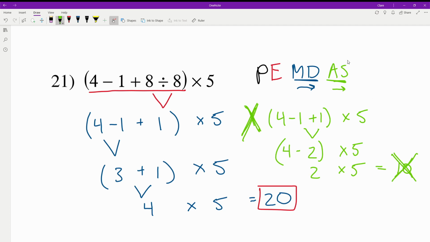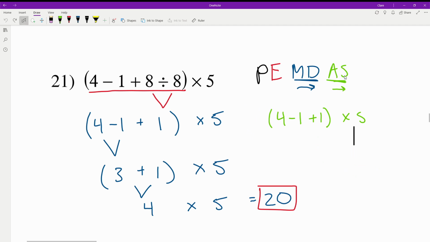That's why addition and subtraction, they're interchangeable, but we work left to right. So never assume that addition comes before subtraction. It does not. That's why we always work left to right when we're dealing with multiplication and division, or addition and subtraction. Let's move on to number 22.